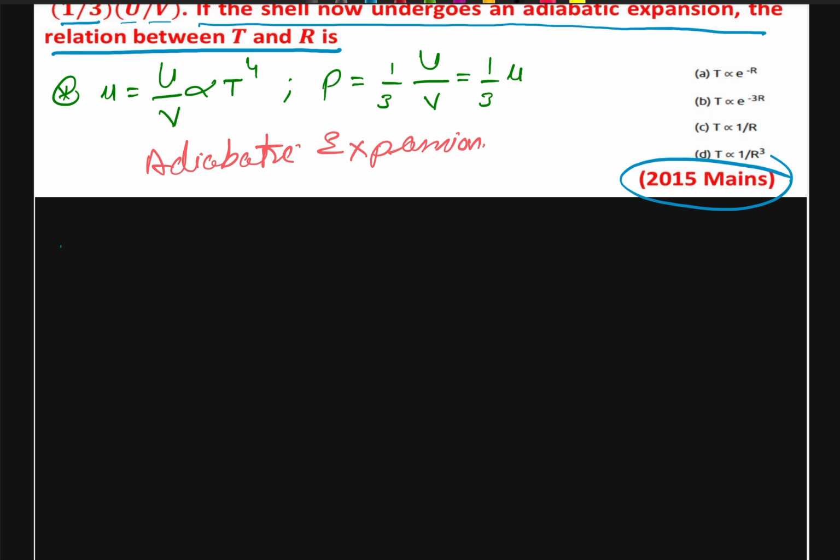So we can say that our internal energy per unit volume, small u, which is proportional to T raised to power 4, we can write as A T raised to power 4, where A is a constant. Any constant, it doesn't matter.